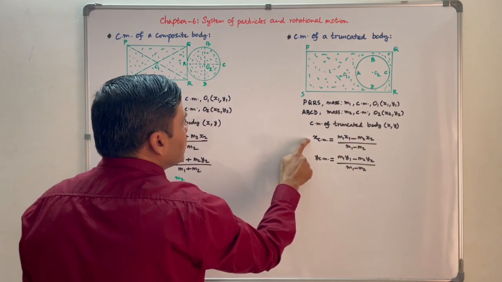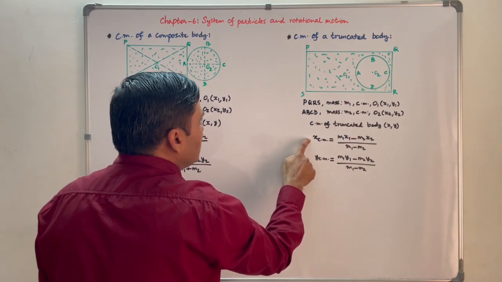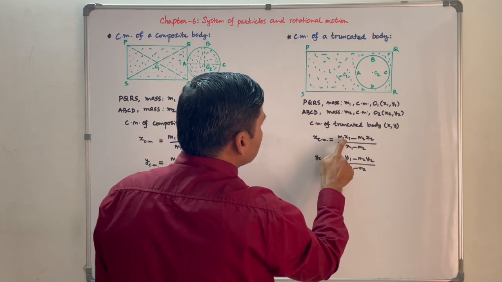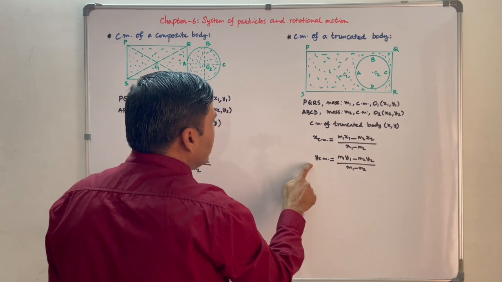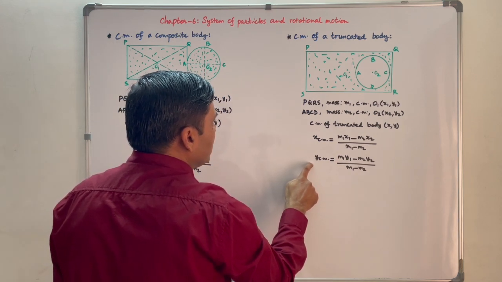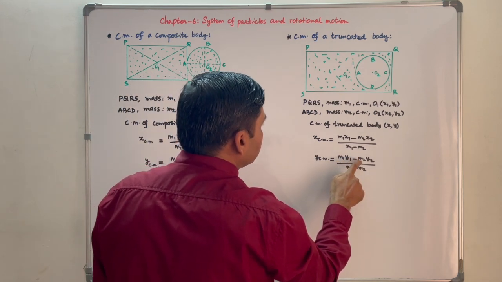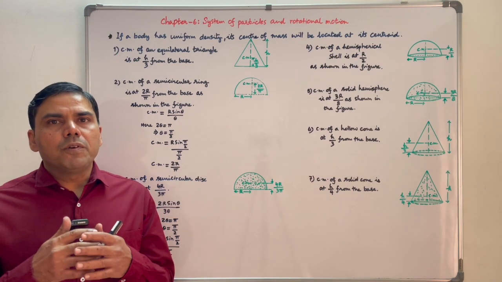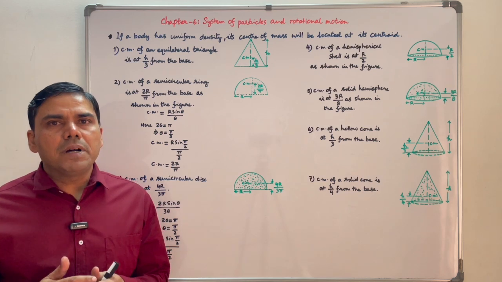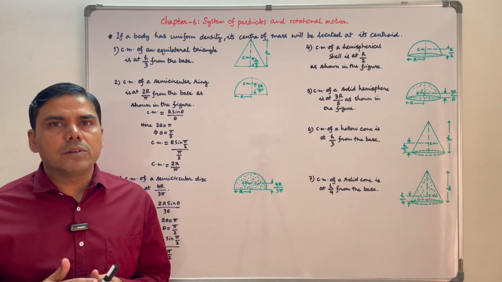Then x coordinate of center of mass of the truncated body will be equal to (m1x1 minus m2x2) upon (m1 minus m2), and y coordinate of center of mass of this truncated body will be (m1y1 minus m2y2) upon (m1 minus m2). If a body has uniform density, then its center of mass will be located at its centroid.